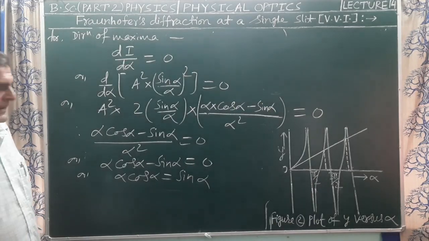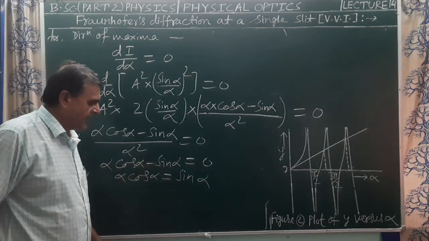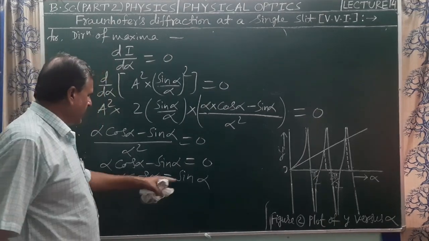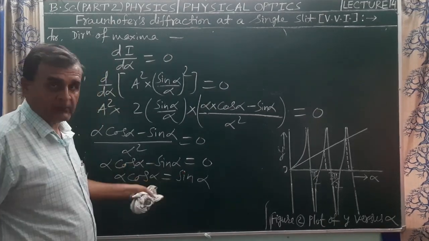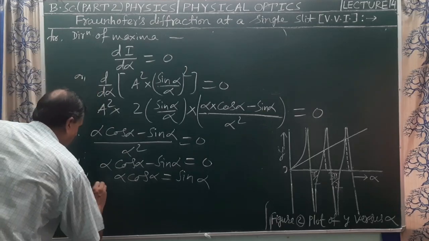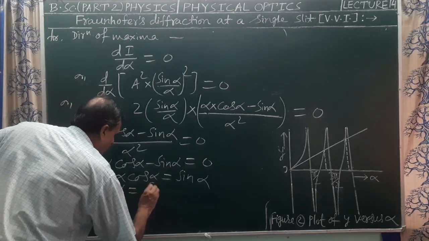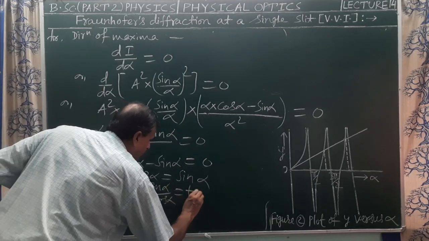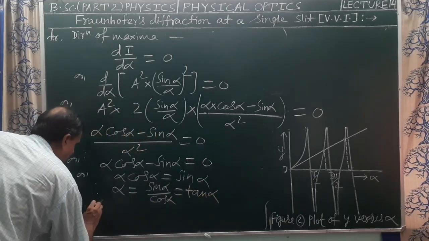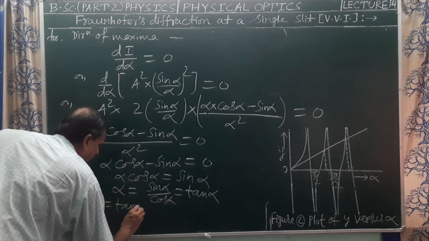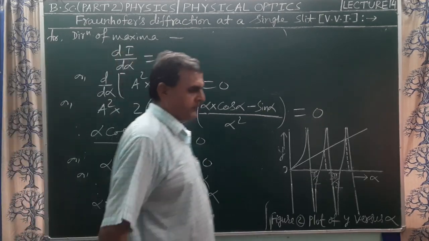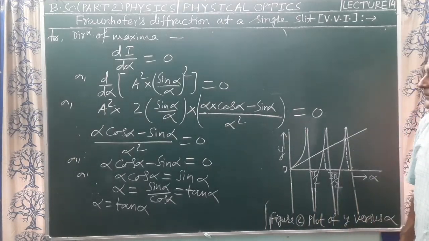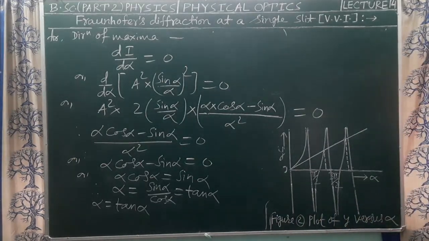The LHS has a negative sign before sin alpha, so when taking sin alpha to the RHS it becomes positive. So alpha cos alpha equals sin alpha, therefore alpha equals sin alpha by cos alpha, that is tan alpha. So the result is alpha equals tan alpha. We have obtained alpha equal to tan alpha for the direction of maxima in case of Fraunhofer's diffraction at a single slit.